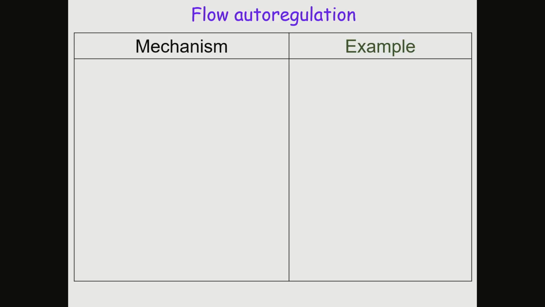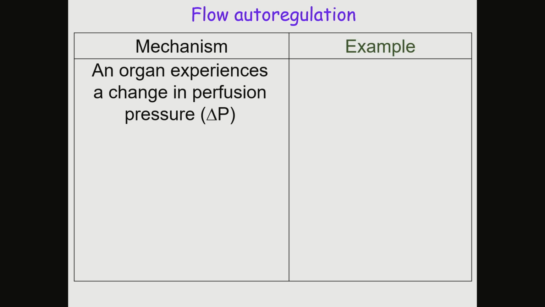Okay, next is flow autoregulation. I have here the mechanism, and then in the other column is an example. So, you have an organ that experiences a change in perfusion pressure, that's delta P. So for some reason, as an example, your blood pressure goes down.